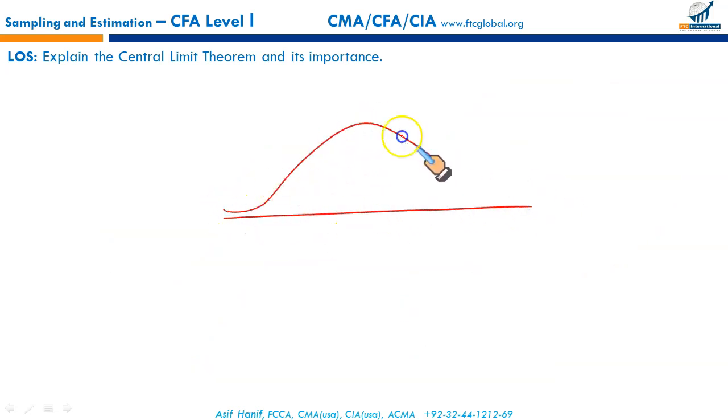Testing hypothesis, one-tailed test, two-tailed test. This is your level of significance. So whether the test statistic falls within the critical region or not. So for testing of hypothesis, the central limit theorem is highly valuable.